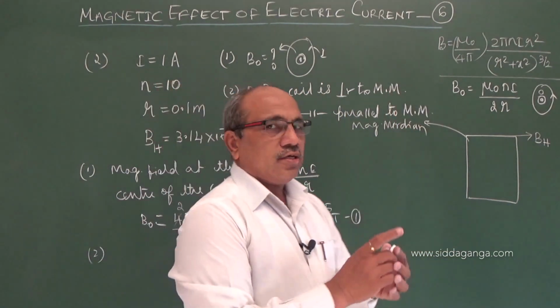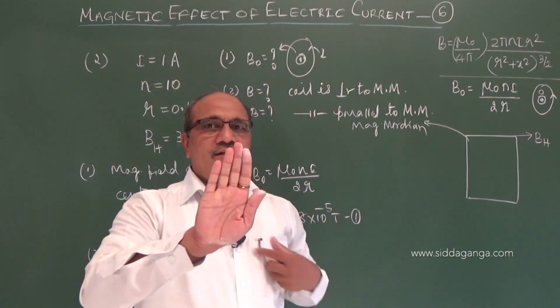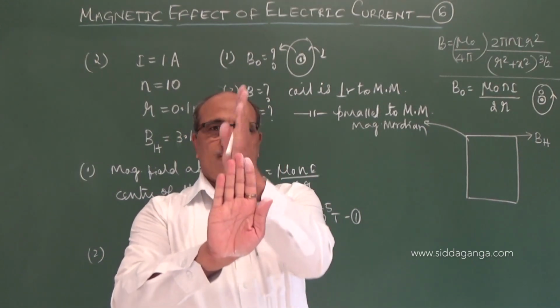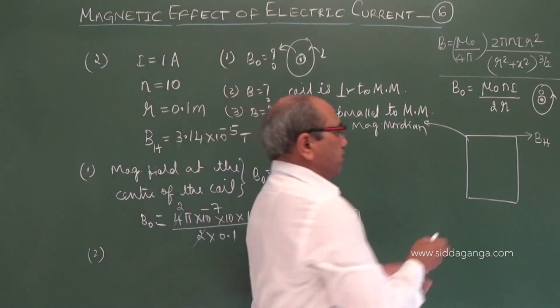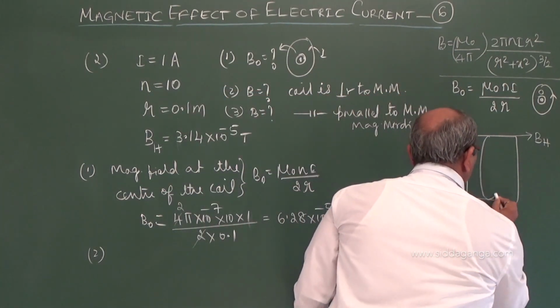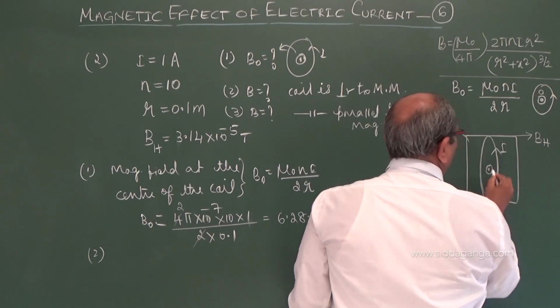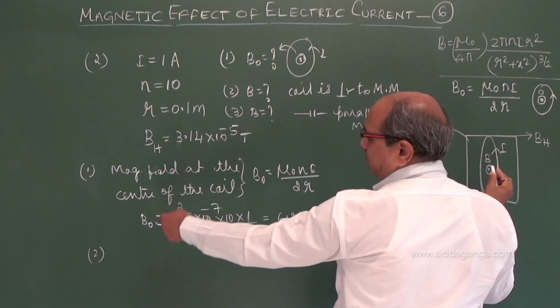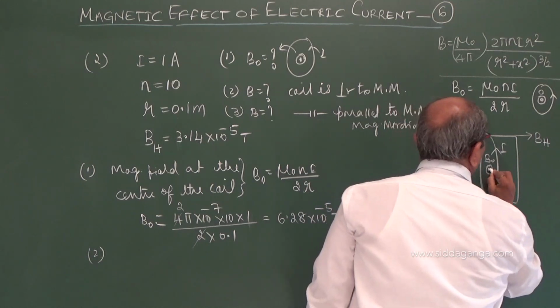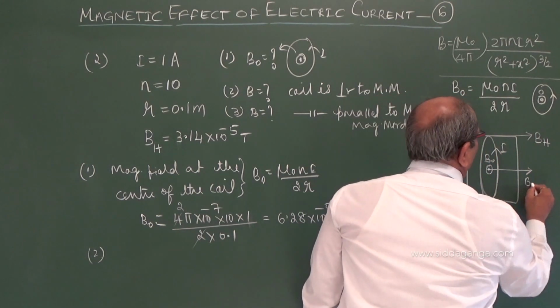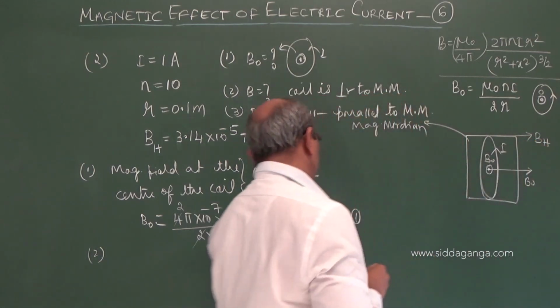This is the plane of the magnetic meridian, and the other plane is perpendicular, like this. I can place the coil in this form, carrying the same current I, with the field B naught we already calculated, acting in this direction. B naught and BH are parallel.